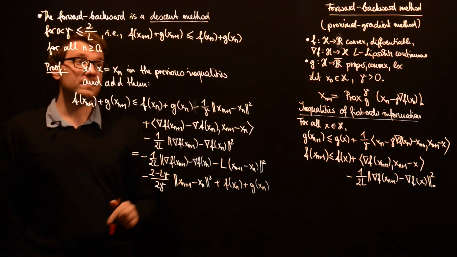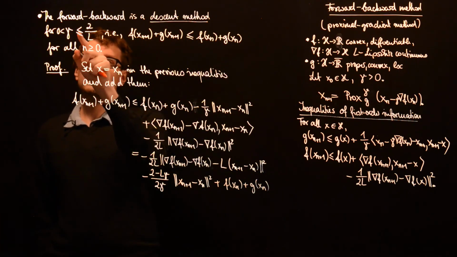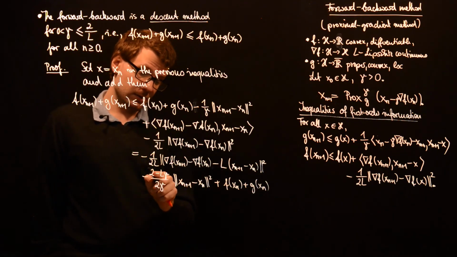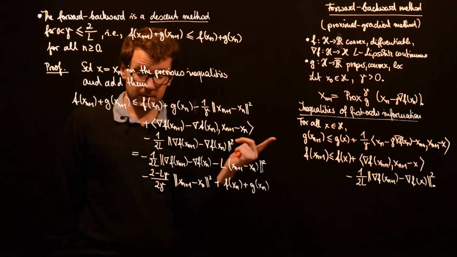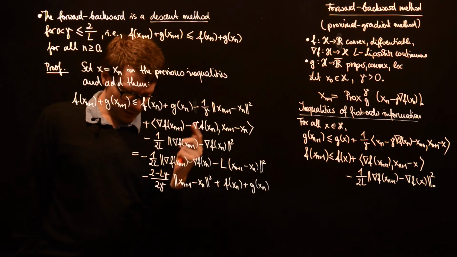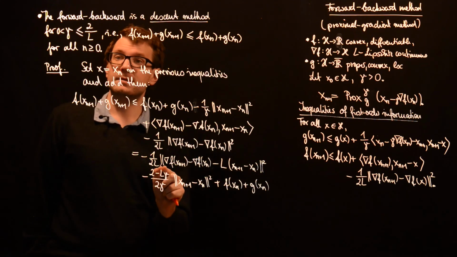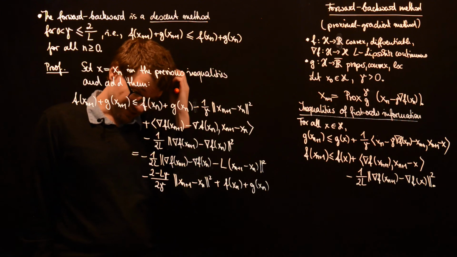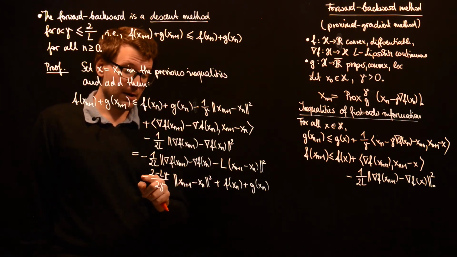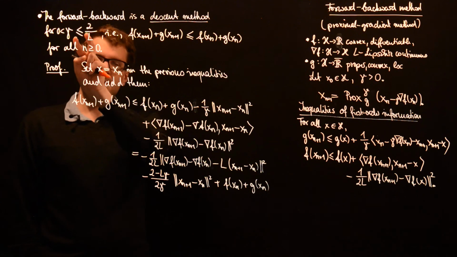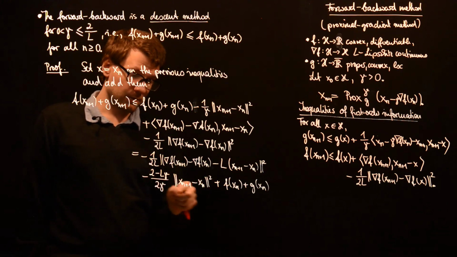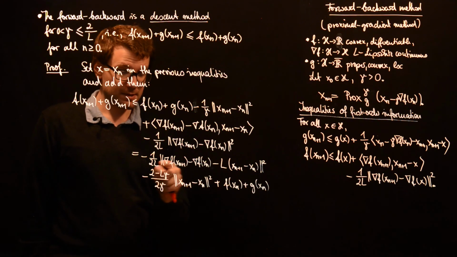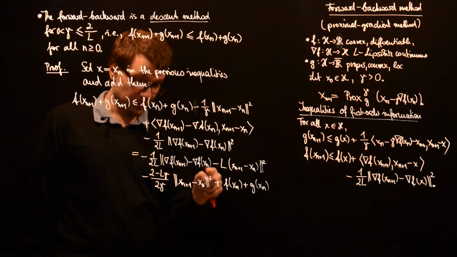Okay, and you see, as long as gamma is less or equal than 2 over L, then 2 minus L gamma is greater or equal than 2 minus L times 2 over L. So 2 minus 2, 0. So as long as this is satisfied, then this numerator here is non-negative, actually. So this whole term here will be non-positive.